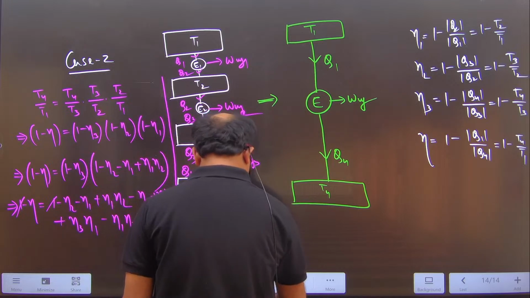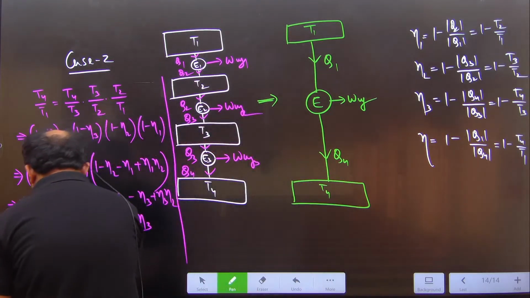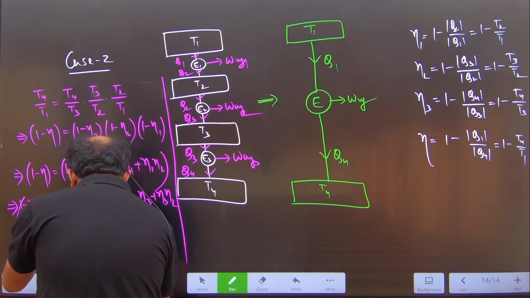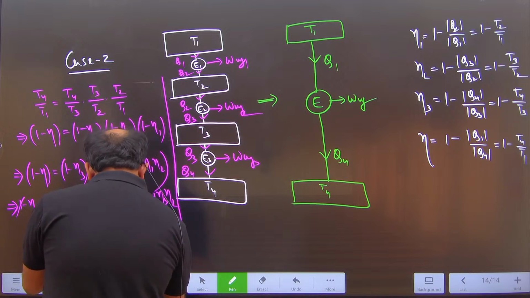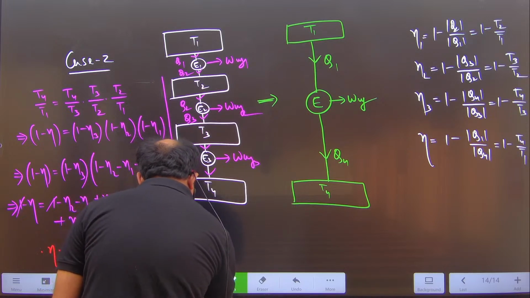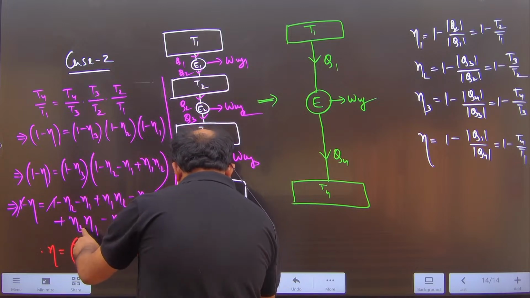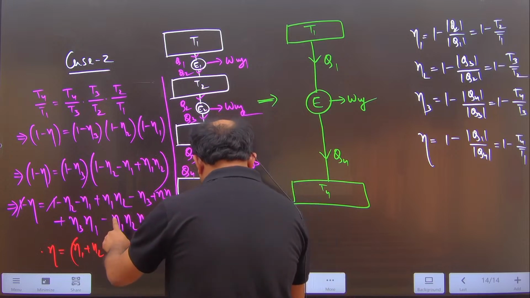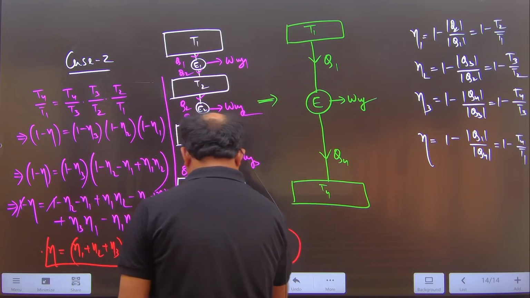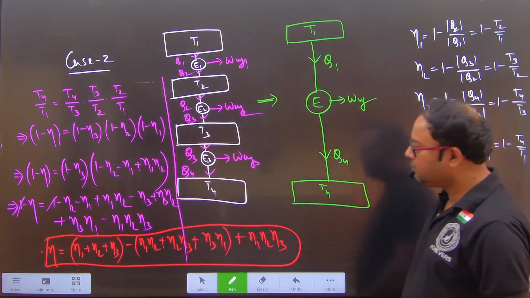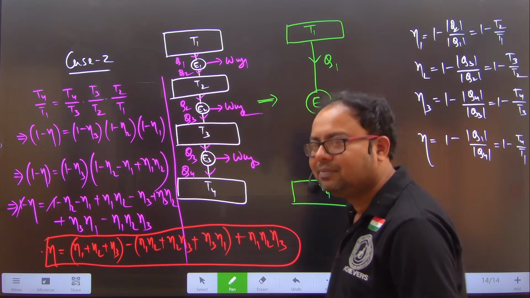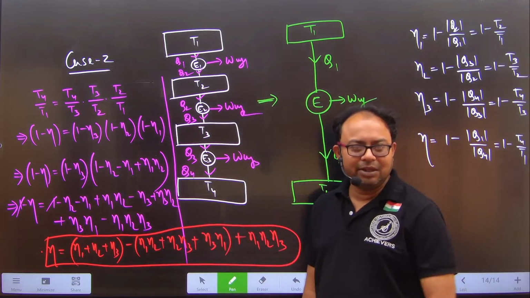So you are getting eta to be equal to eta 1 plus eta 2 plus eta 3 minus eta 1 eta 2 plus eta 2 eta 3 plus eta 3 eta 1 plus eta 1 eta 2 eta 3. So I've got this expression. Simple.